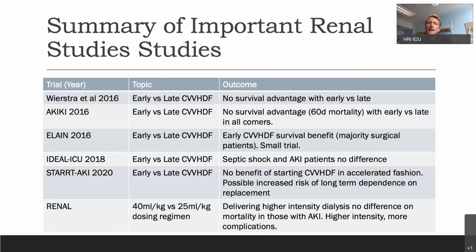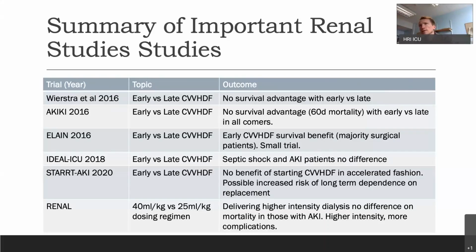As far as I'm aware, none of the studies show any benefit in starting it in CVVHDF in an accelerated fashion, and those are the ones that I've summarized there, except for a German study which showed survival benefit if you've got a patient who is in multi-organ failure secondary to post-operatively.